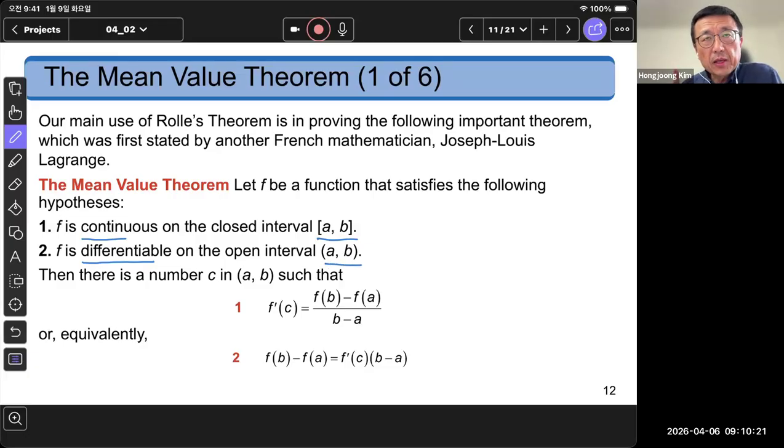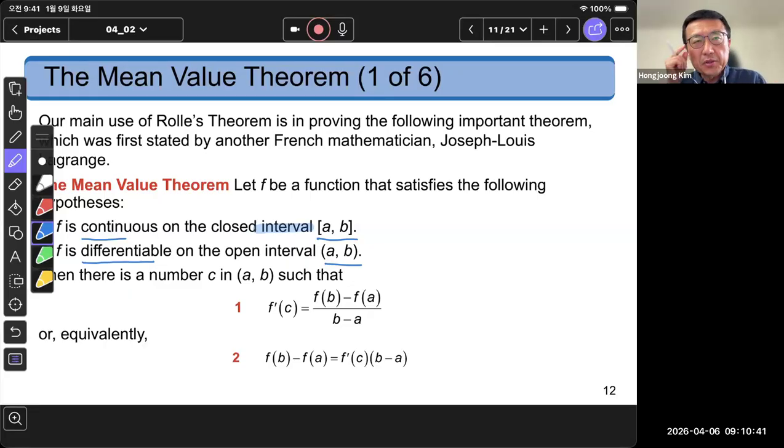Oh, and some people neglected this term interval, but please be careful. I'm considering this continuity or differentiability on a single interval, not two separated intervals.